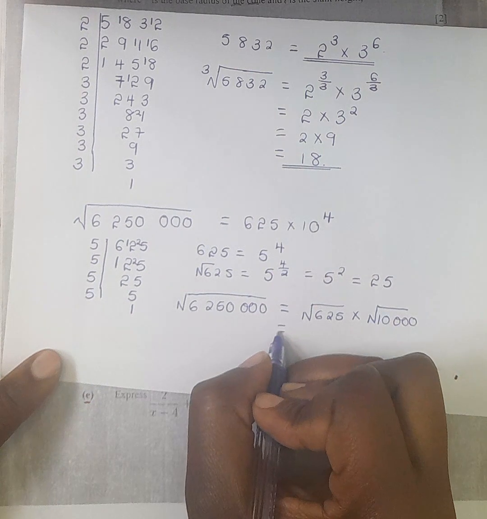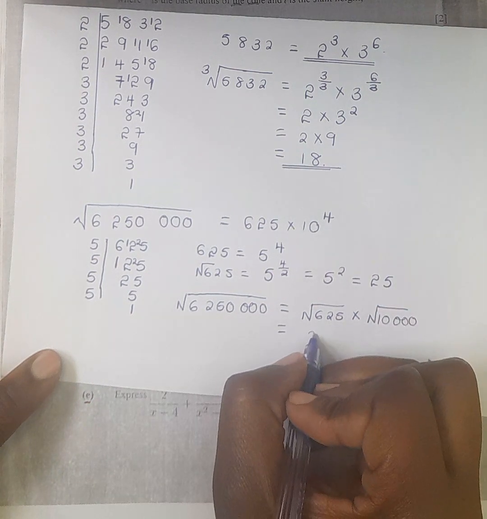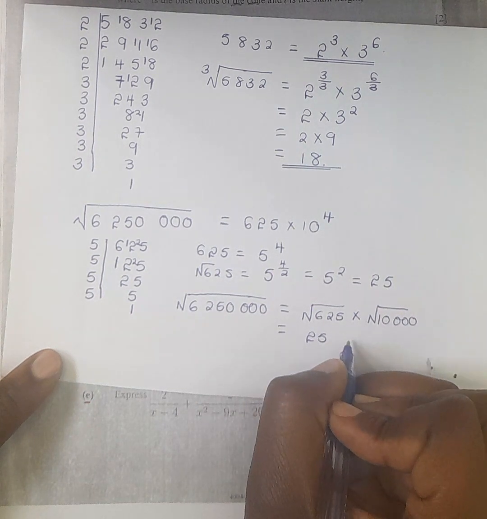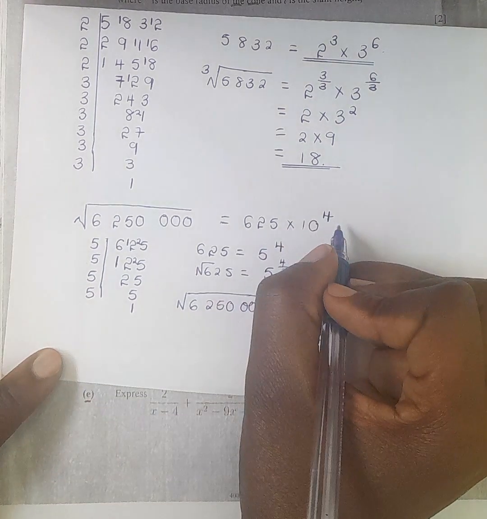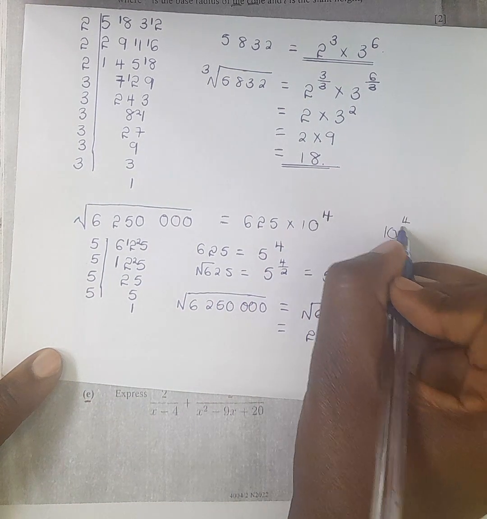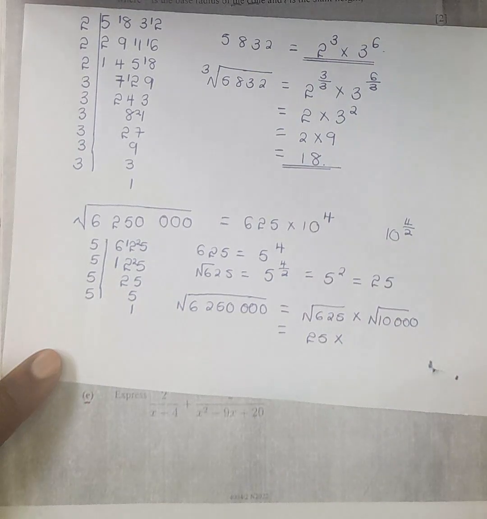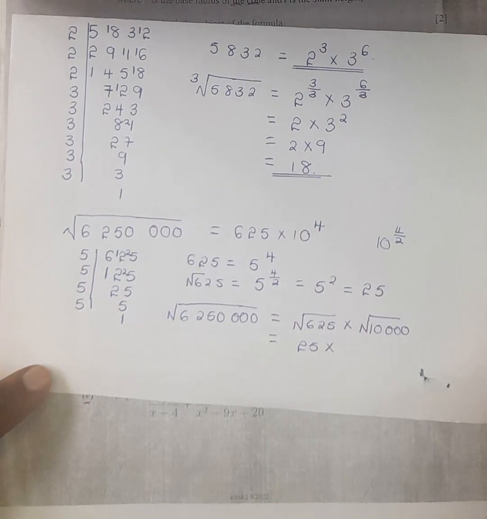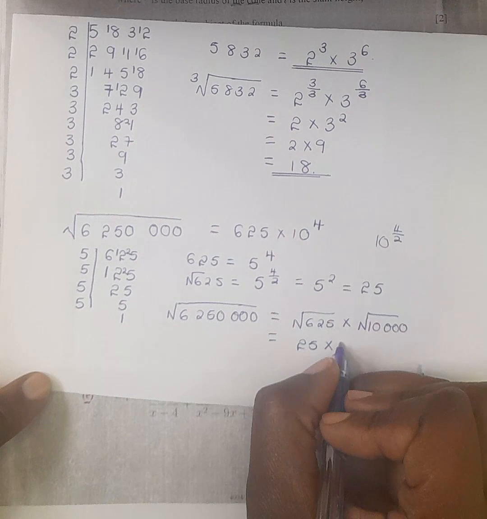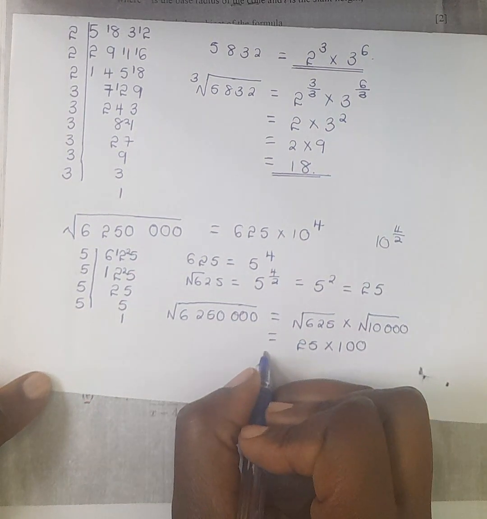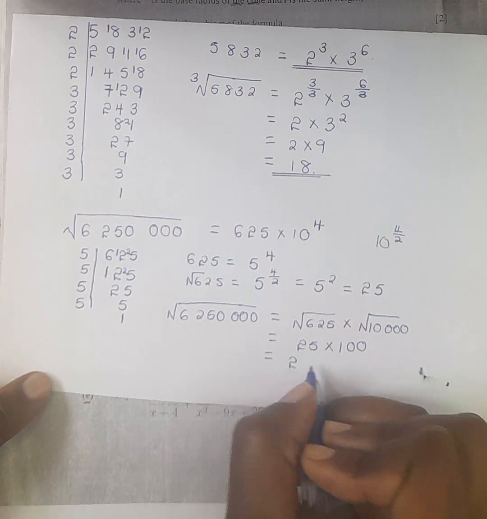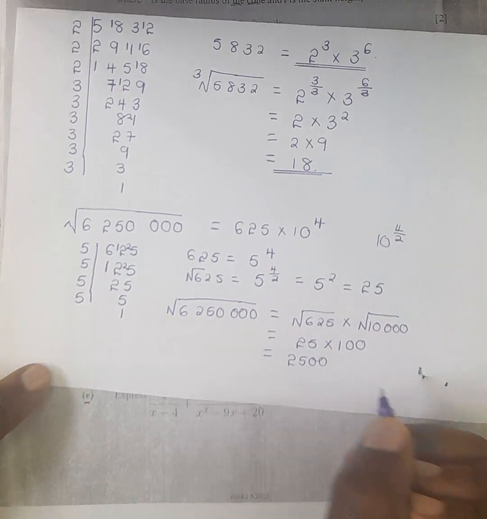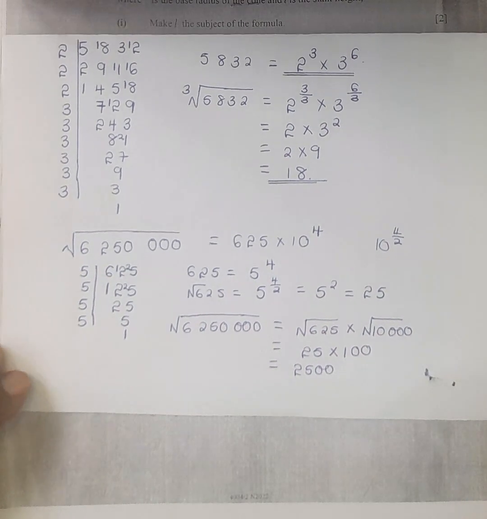So the square root of 625 is 25, and then the square root of 10,000, we say 10 to the power of 4 divided by 2, so that we get 10 to the power of 2, which is equal to 100. So 25 times 100 is equal to 2,500. So it implies that the square root of 6,250,000 is equal to 2,500.